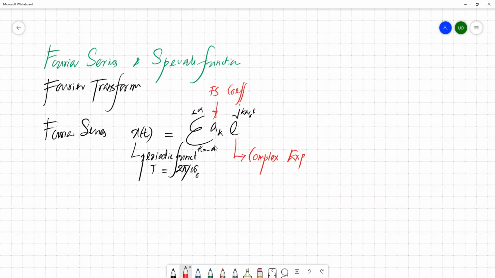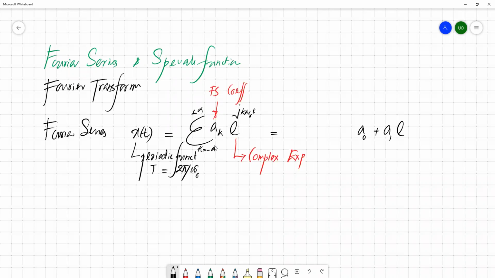So we represent any periodic function as an infinite sum of these complex exponentials.